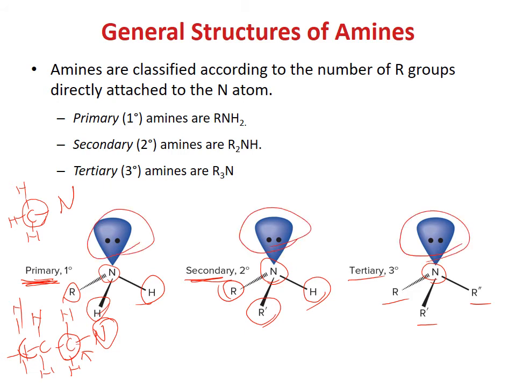This lone pair is important for the nitrogen to have its own reactivity and chemical properties. For example, this makes amines basic, so it can accept a positively charged proton. In fact, it can not only attack a positively charged proton, it can also attack a positively charged carbon, and that makes it nucleophilic.